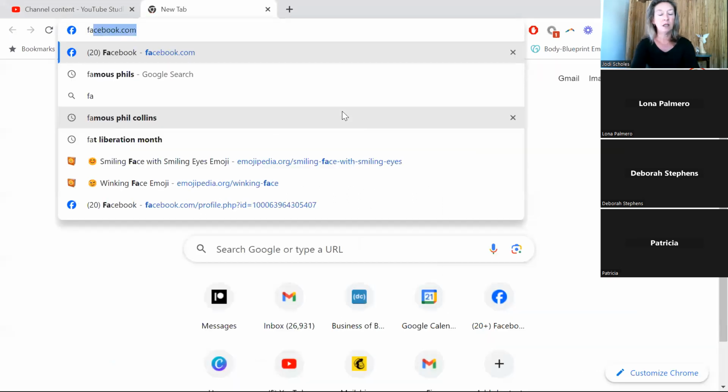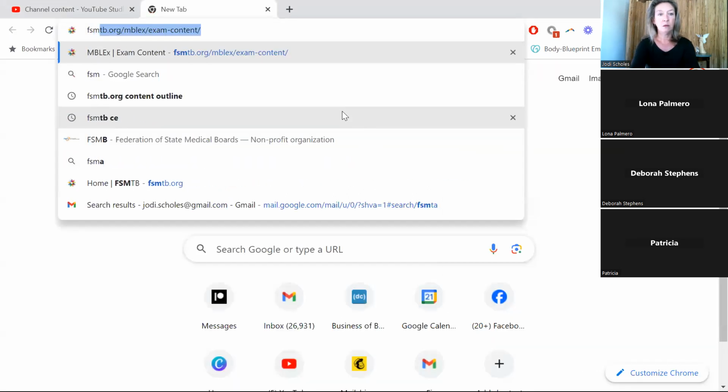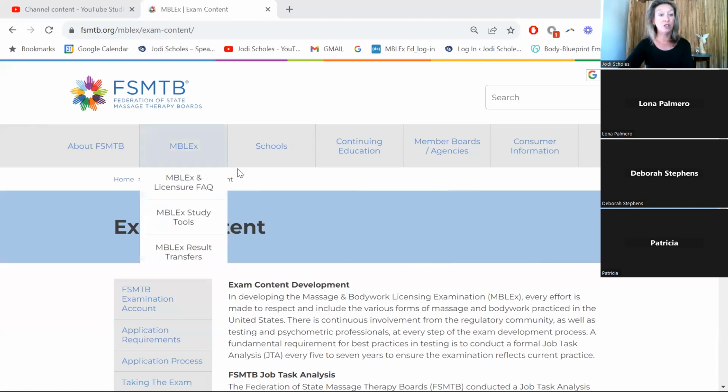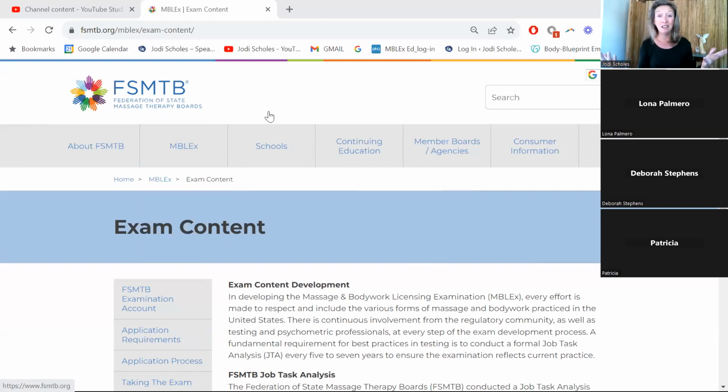Let's see, FSMTB. In fact, let's make sure you're seeing the proper screen. Take a look at this. This is the Federation's website. If you have taken the MBLEx, you've been to this website.